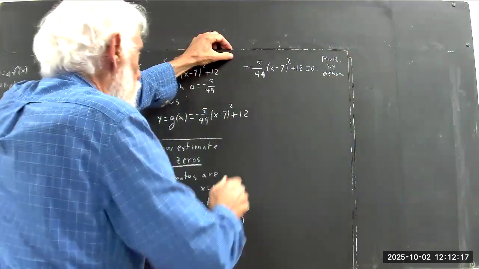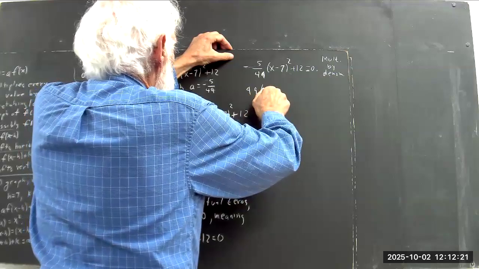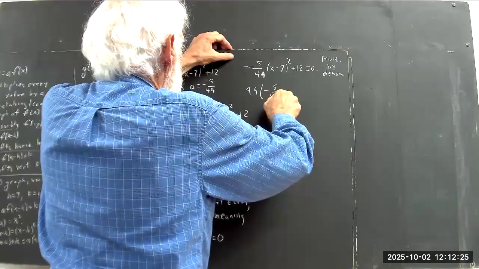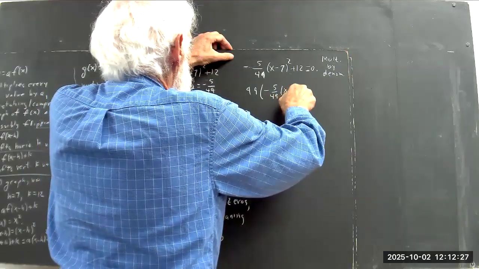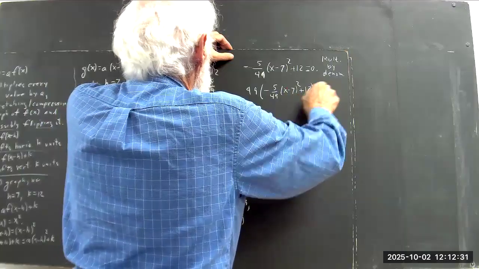We do 49 times -5/49 times x minus 7 squared plus 12 equals 0.